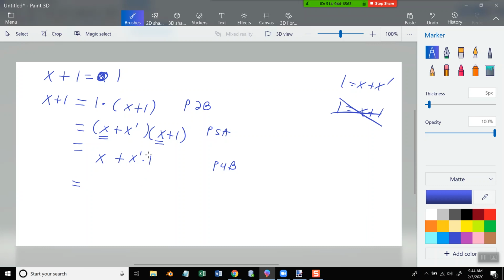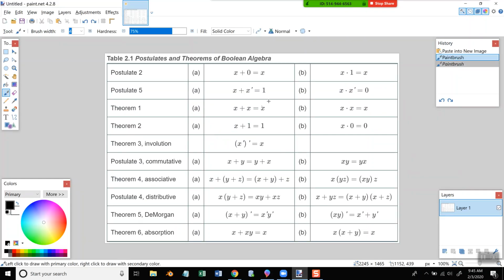Okay, I bet that the 1 disappears from this, going the other direction, postulate 2b. You can just drop the 1. And I'm hoping it's something that says that x plus not x is equal to 1. Postulate 5a says x plus not x is equal to 1.